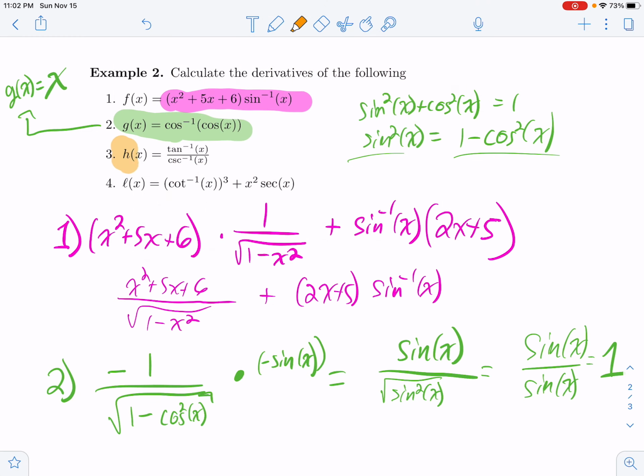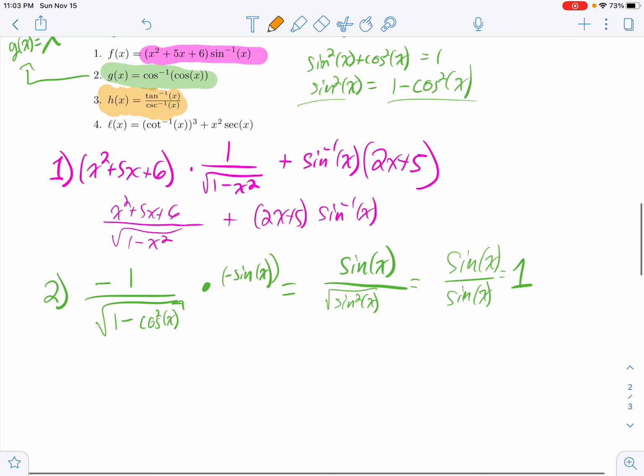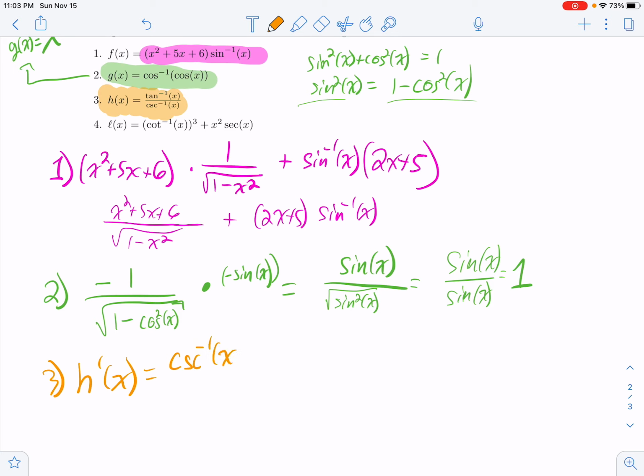So, 2 ways to get this problem. Here we go, number 3, h of x. So to do h prime, I've been lazy about writing my functions here, but h prime, we need a quotient rule. Quotient rule, low d high minus high d low. So this is going to be low, the inverse cosecant, d high, the derivative of inverse tangent, which is 1 over 1 plus x squared.